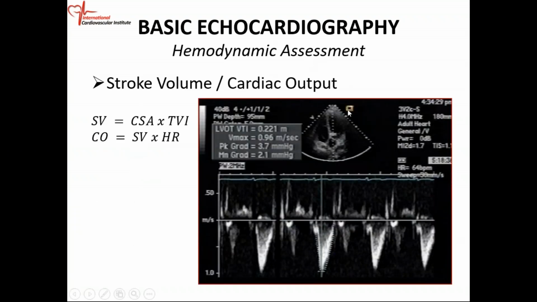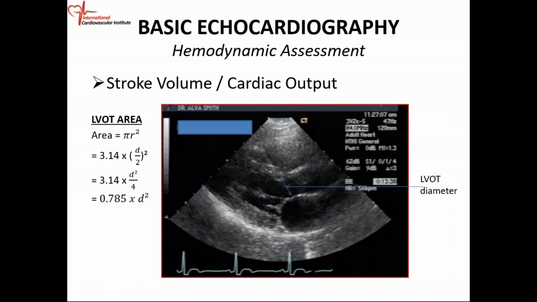From your apical 5-chamber view, you get the LVOT TVI. This is your LVOT envelope. And once you do planimetry around it, the computer will give the VTI. With your parasternal long axis view, you measure the diameter and then use your formula. When you simplify it, you get 0.785.